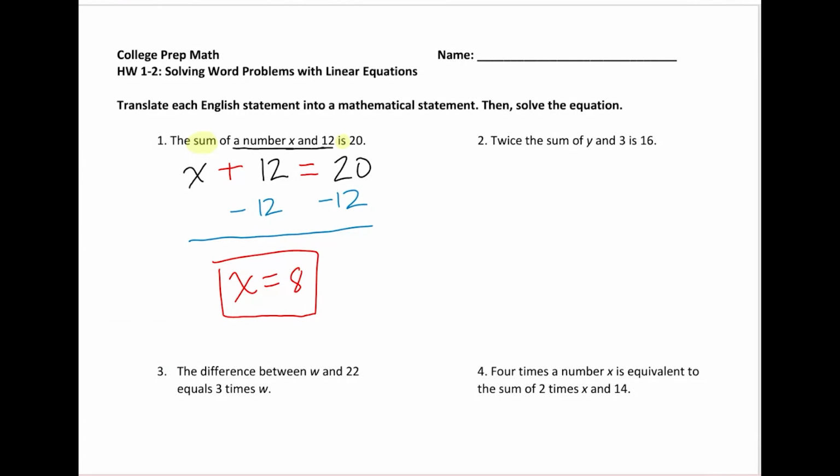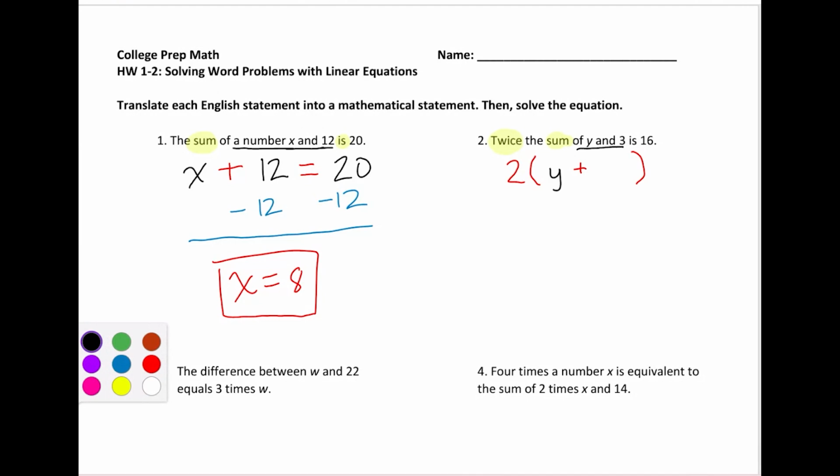Number two, twice. Okay, so that means we're going to double something. We're going to multiply by 2. The sum of, so right away I'm going to start setting this up. Twice, we're going to multiply something by 2, and that something is the sum of, okay, so we're going to add two things together. The sum of what? The sum of y and 3.